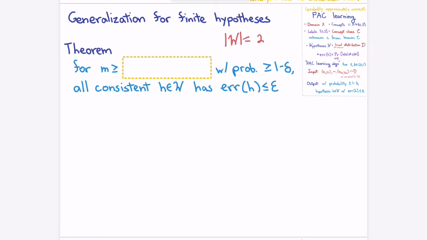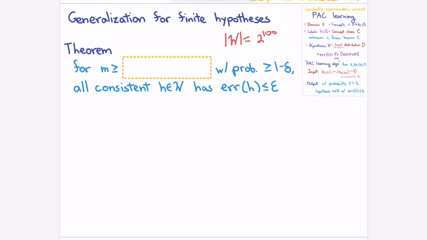Some constant. Now let's look at this theorem. It says if m is at least something, then with probability at least 1 minus delta, for a finite hypothesis class, every consistent hypothesis has error at most epsilon.